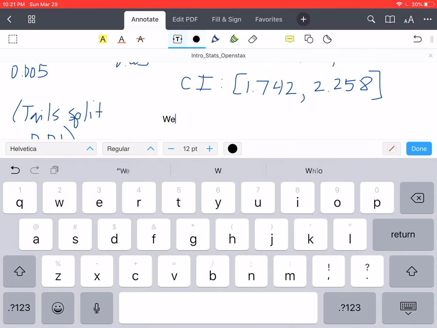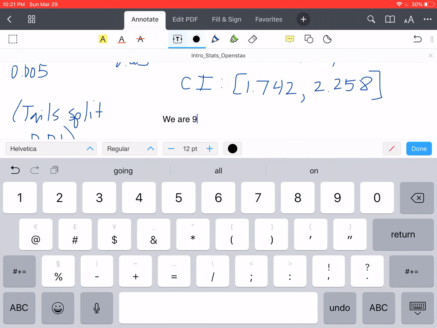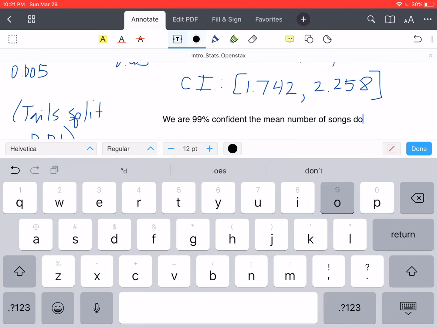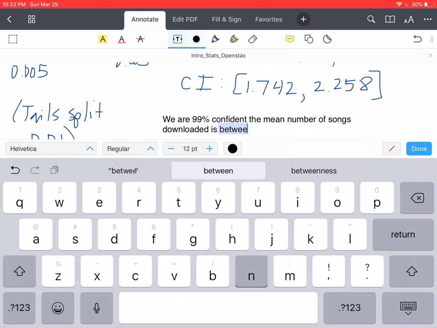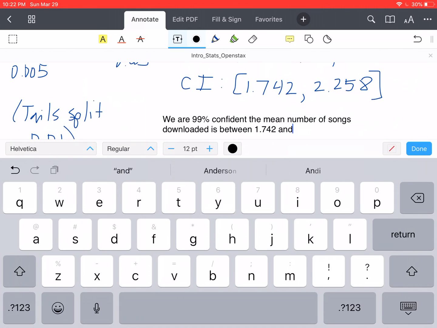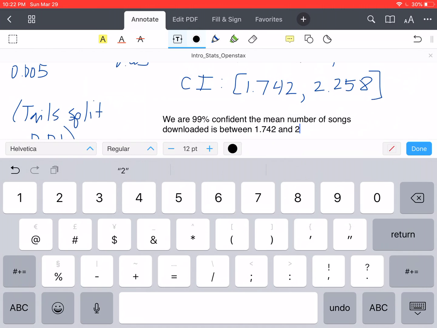So this tells us we are 99% confident the mean number of songs downloaded is between 1.742 and 2.258.